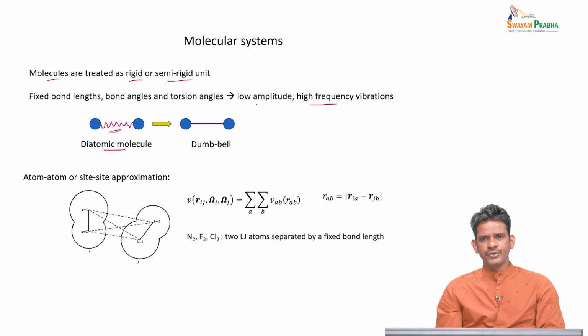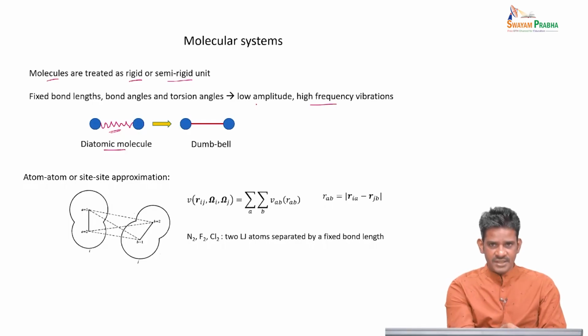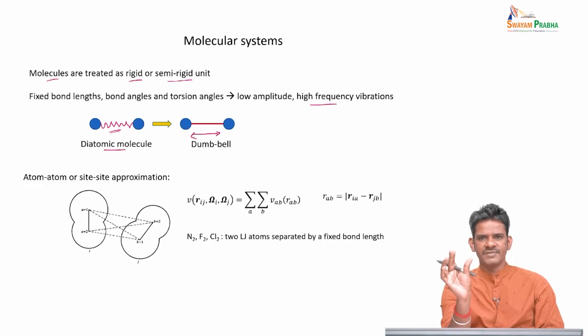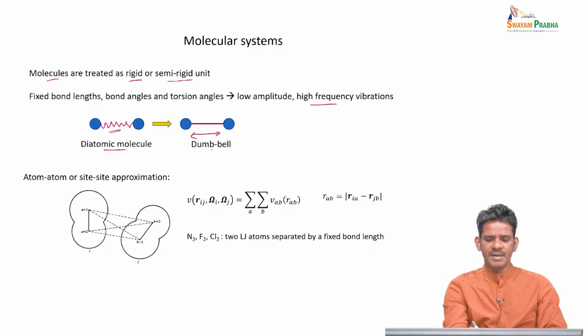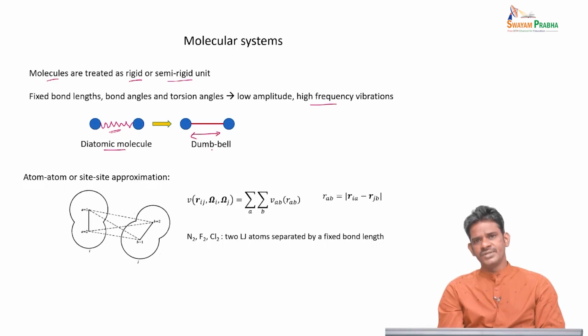So they don't contribute much to the dynamics of this system. So we can approximate or model a diatomic molecule as a simple dumbbell with a fixed bond length. You don't have to worry about how the bonds vibrate or how the bond length varies. You just think of two atoms connected by a rigid rod. That's what I call a dumbbell model. So people have modeled such diatomic molecules using a dumbbell model.